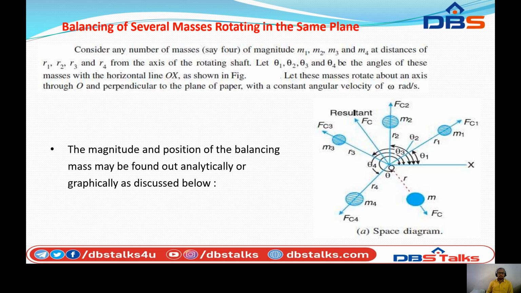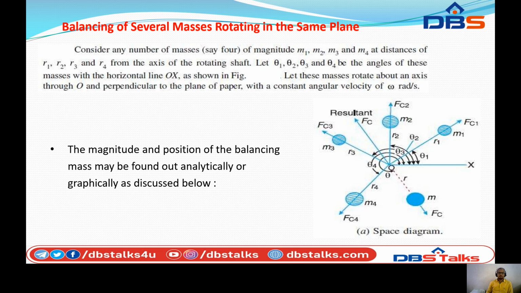By arranging these masses according to the positions of r1 and so on with respect to the angles, the diagram will be shown like this. We call it the space diagram.